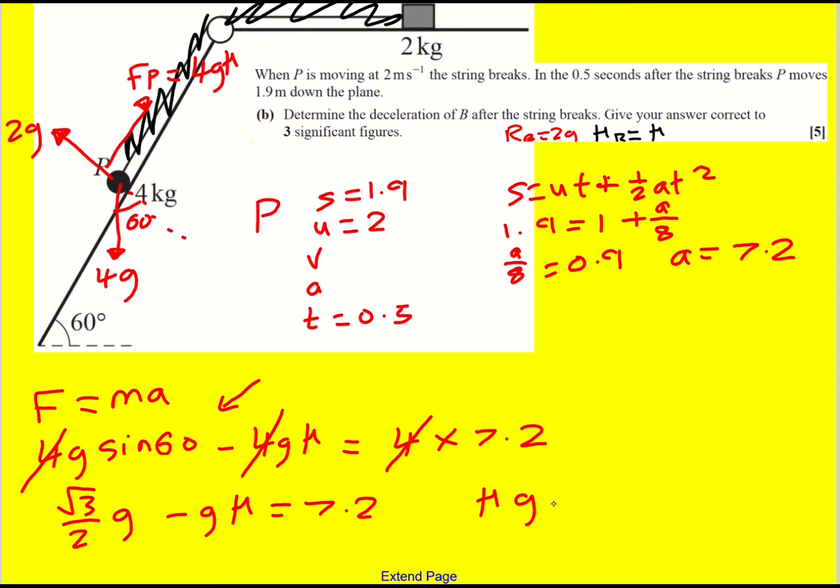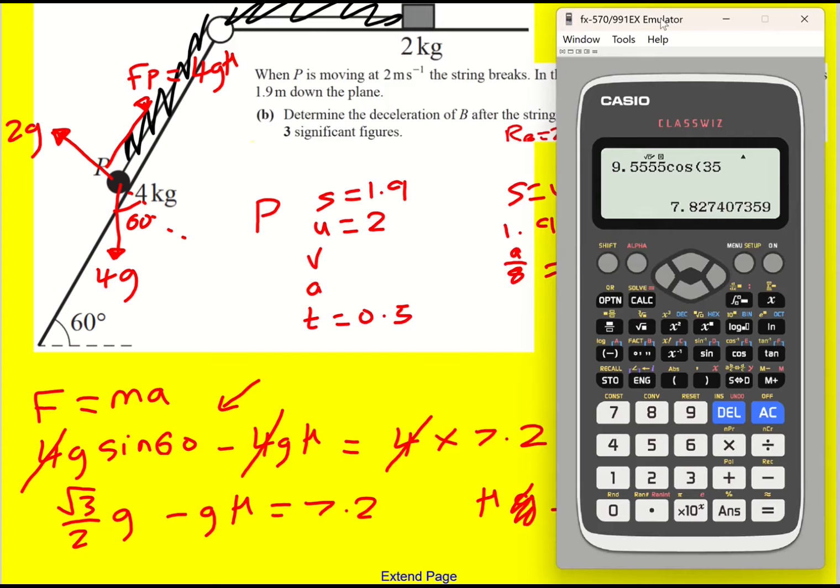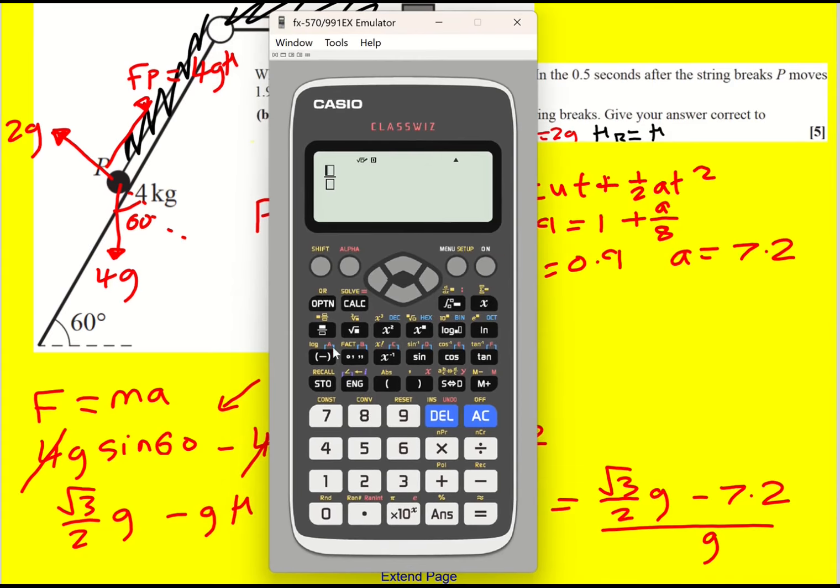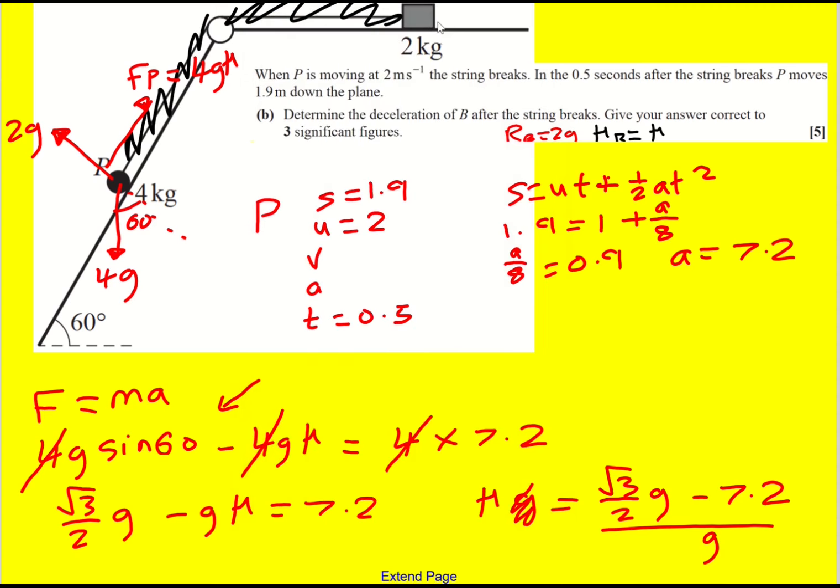Just taking this steady, mu g is then going to equal root 3 over 2 g minus 7.2. And to get mu, I'm then going to divide by g, which gives 0.13133.